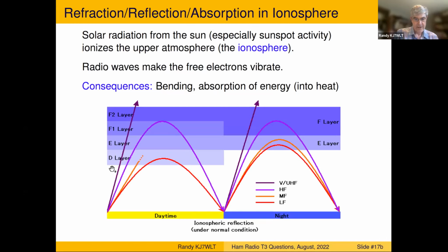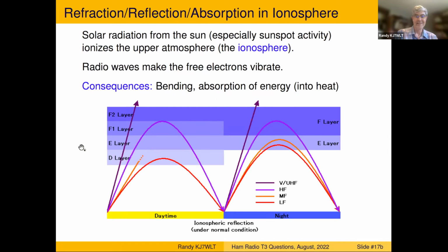So this is one figure I found on the web. It's not a perfect figure, but it shows the idea that if you're sending a radio wave towards the ionosphere, it is actually broken up into several layers. At night, there are only two layers, the E layer and the F layer. During the daytime, the F layer splits into F1 and F2, and there's an additional D layer that shows up.